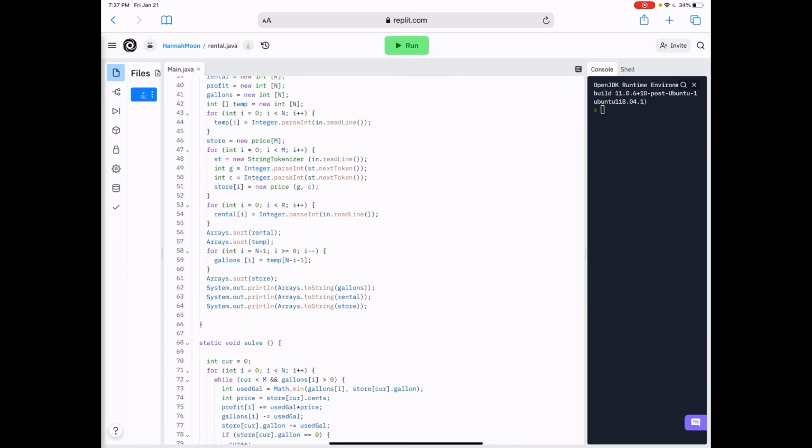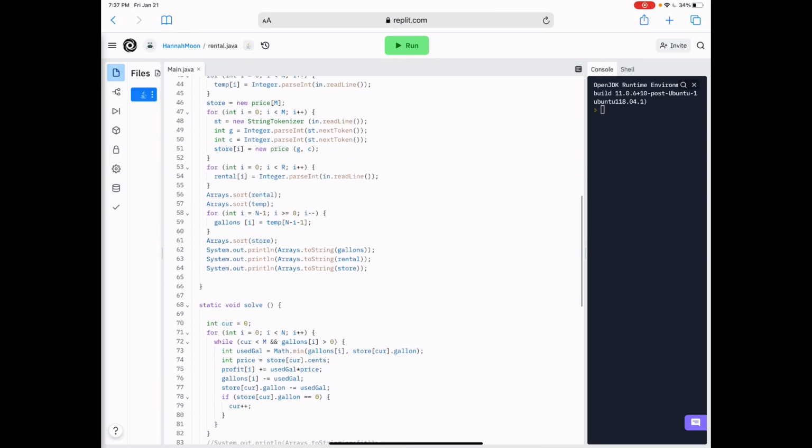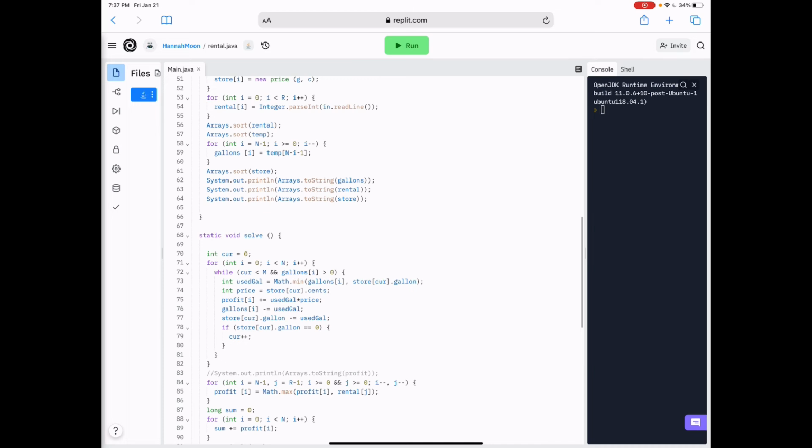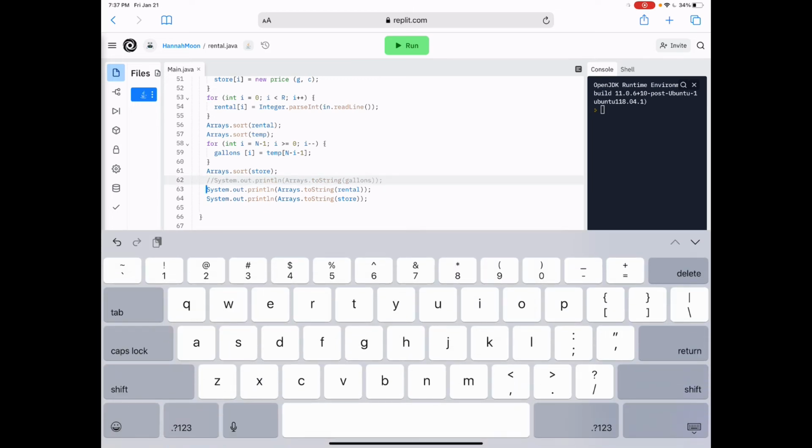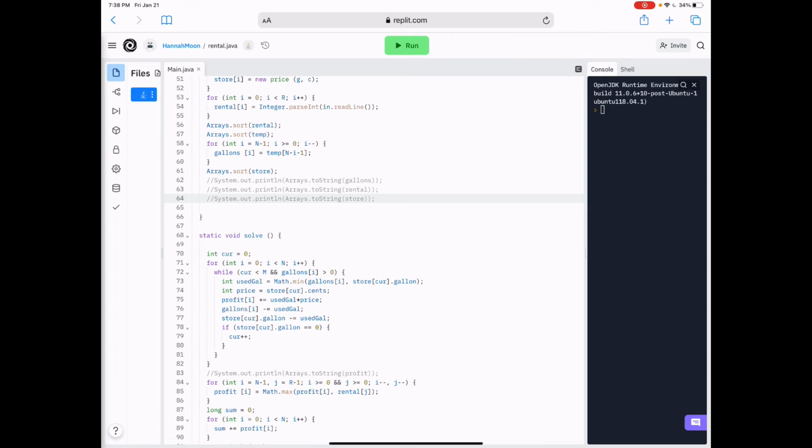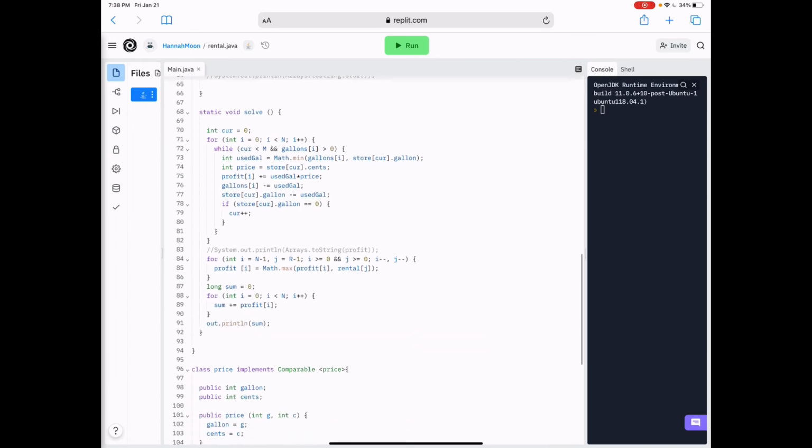Next, the rental prices, just read those. Now I sort the rental prices, sort the temporary array, and put the gallons from highest to least. This part is not necessary, we can comment it out. That's just to check that everything has been initialized properly.